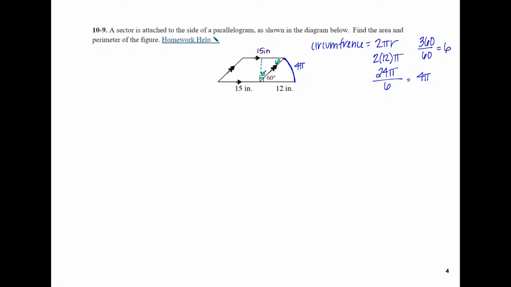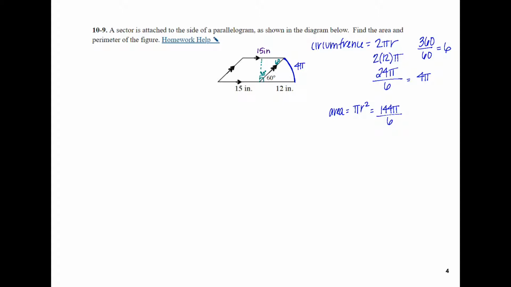We could also find the area of the circle by pi r squared. So our radius is 12, so 144 pi. Again, divide that by 6 because we have 6 pieces.